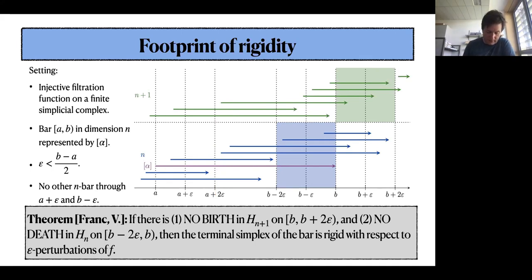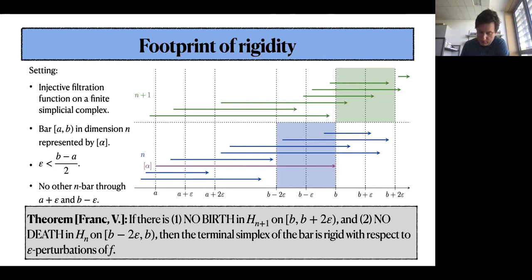All right, and then the theorem tells you that the critical simplex terminating this bar is rigid, meaning constant for epsilon perturbations. A simplex terminating a bar like this is of dimension n+1.